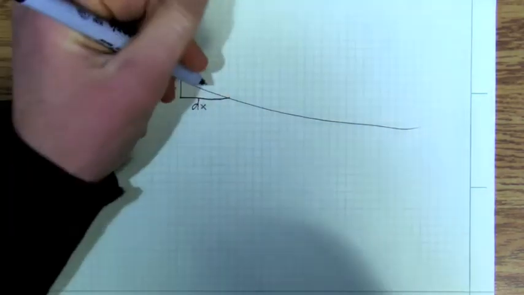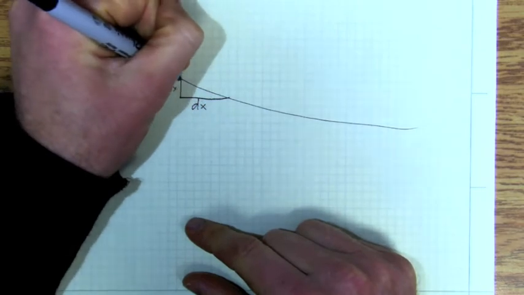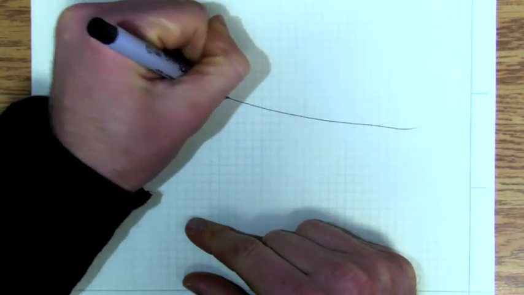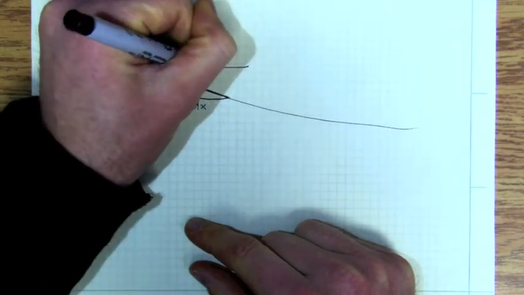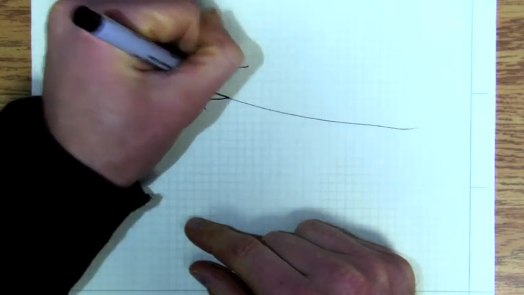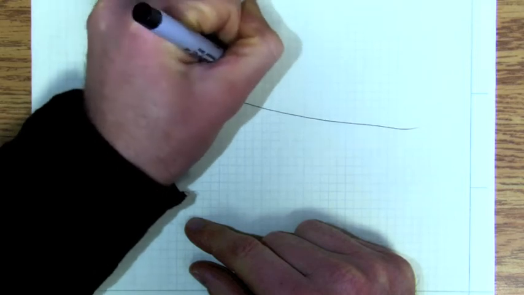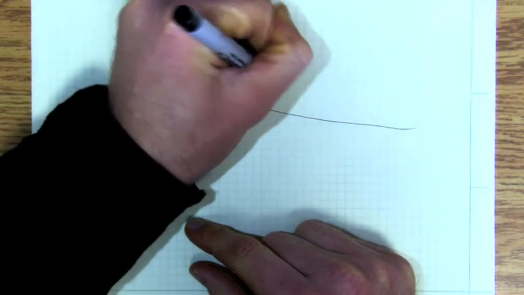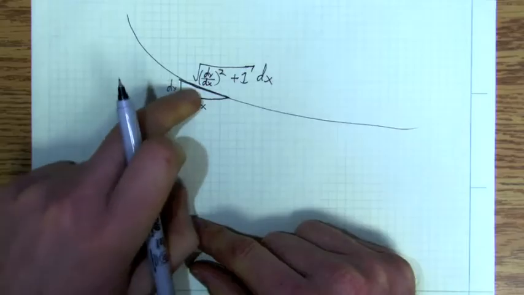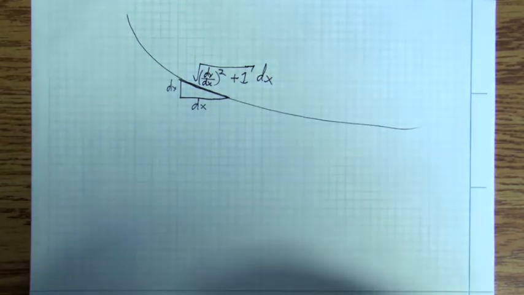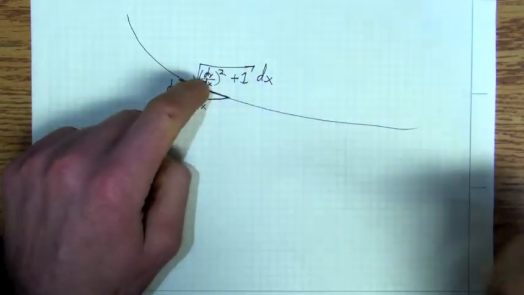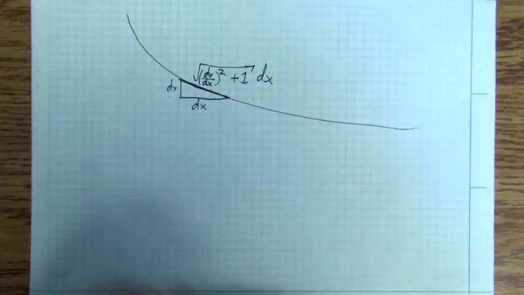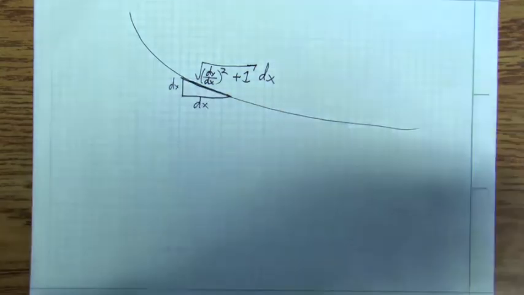Then that length right there is going to be the square root of (dy/dx) squared plus 1, times dx. That's going to be the length of my hypotenuse. To get the complete surface area, I'm going to integrate that. But now I'm going to make this into a strip.